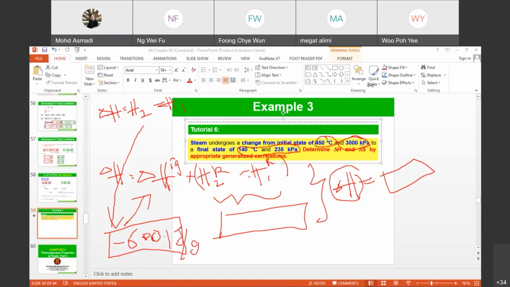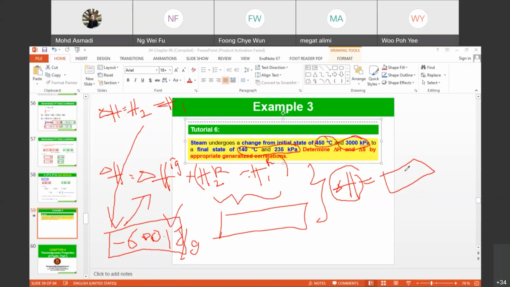Maybe because of the interpolation, John Ting, especially at the second condition, the final condition, our answers are a little bit different. You can confirm again, but this is my calculation and this is my answer. Maybe yours is also correct.